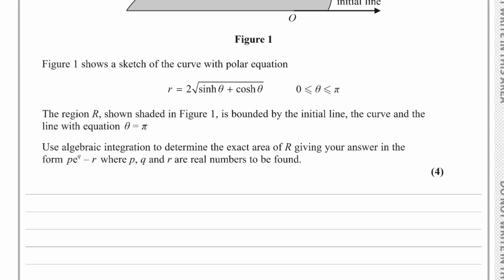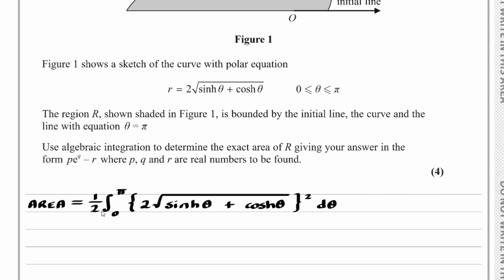And so, knowing that r is equal to 2 multiplied by the square root of sinh theta plus cosh theta, the area will be given by 1/2 multiplied by the integral of 2 multiplied by the square root of sinh theta plus cosh theta, squared, with respect to theta between 0 and pi. So we are required to work out this integral.